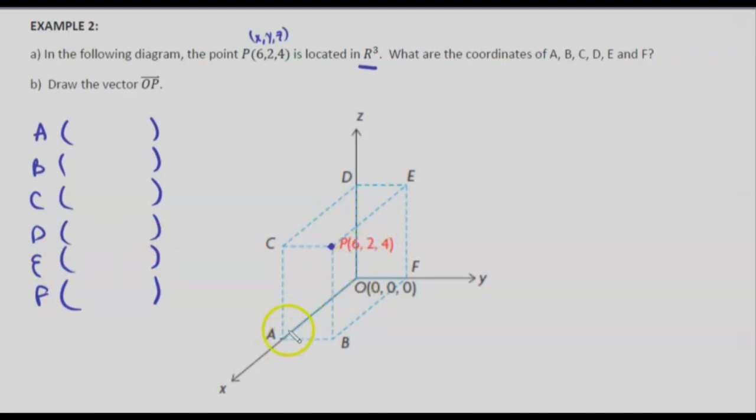So for A, we only go A units away, and that's in the X direction. So for A, B, and C, we're only going in the A direction or the X direction, so it's 6. So 6, 0, 0.